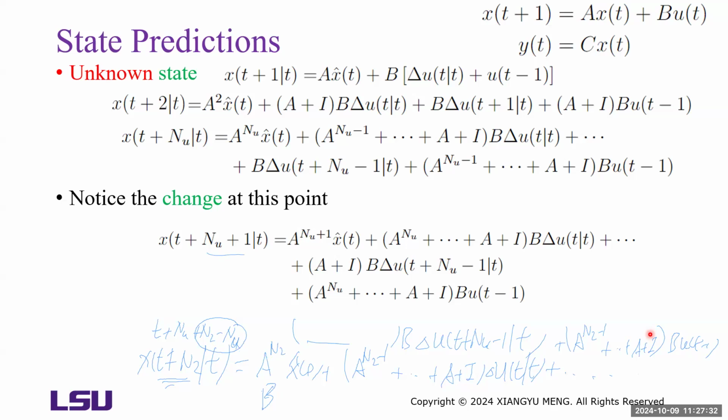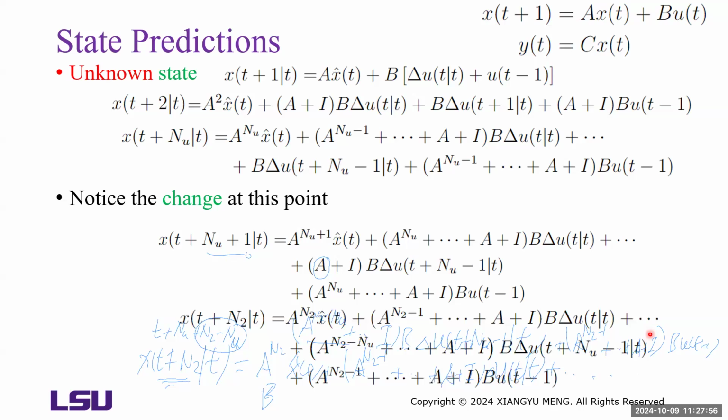If it's nu plus 1, here it starts with a power of 1. And now we have t plus nu plus n2 minus nu, so it starts with a power of n2 minus nu and goes until I. So this is our general formula here.